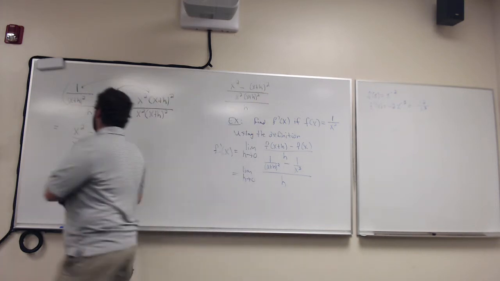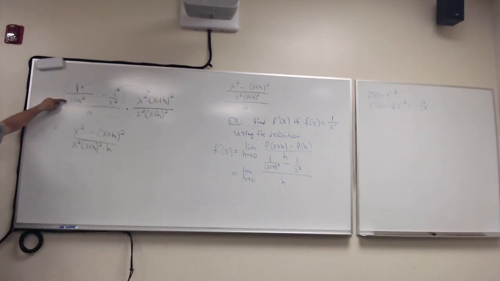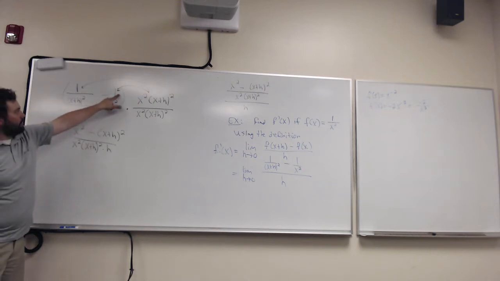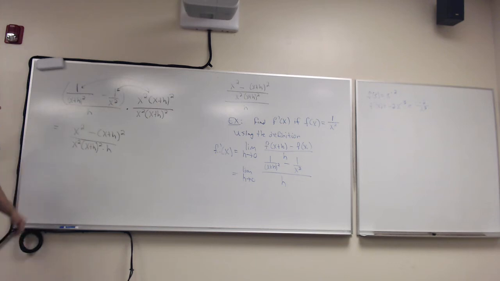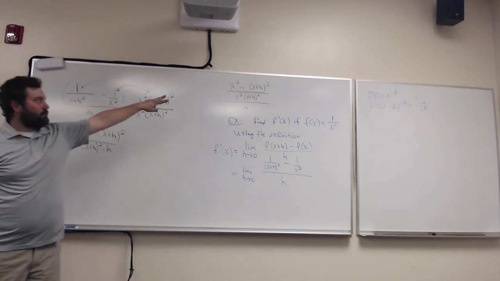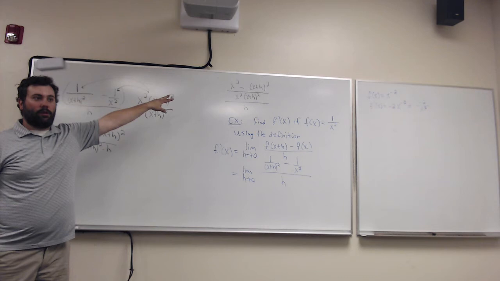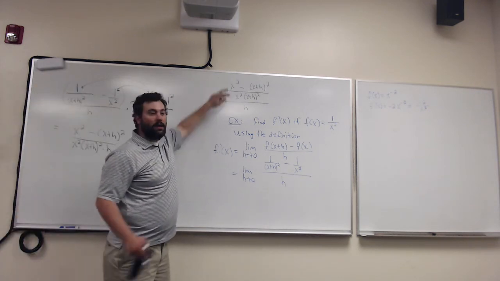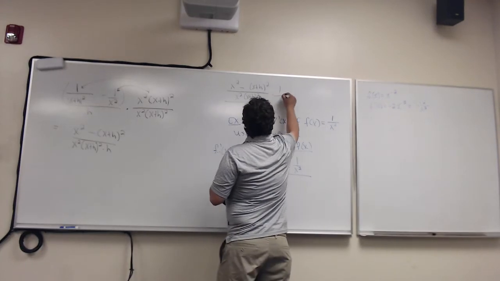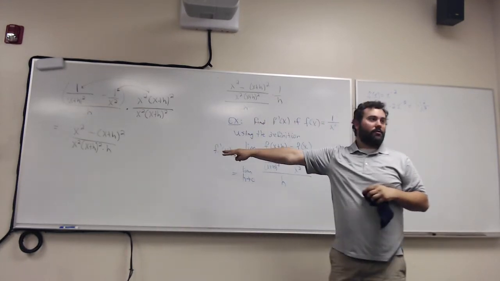So I get x squared over x squared times x plus h squared, minus x plus h squared over x squared times x plus h squared. And then you combine to a single fraction, that's what the numerator becomes if you get the common denominator. But instead of dividing by h, I can multiply the top fraction by 1 over h, and then you get the same thing anyways.